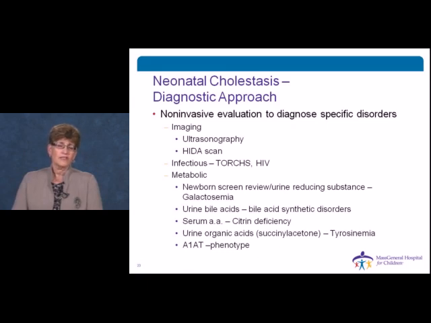Toxoplasmosis, rubella, cytomegalovirus, herpes, syphilis, and HIV. And these are usually not subtle. In rubella, the blueberry muffin baby, and cytomegalovirus, certainly the implications of a baby who has CMV hepatitis are not good.